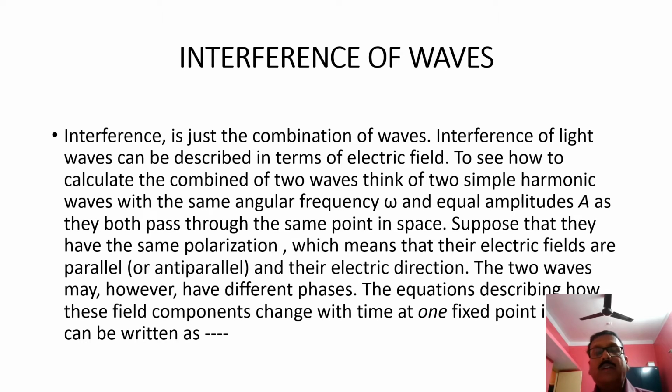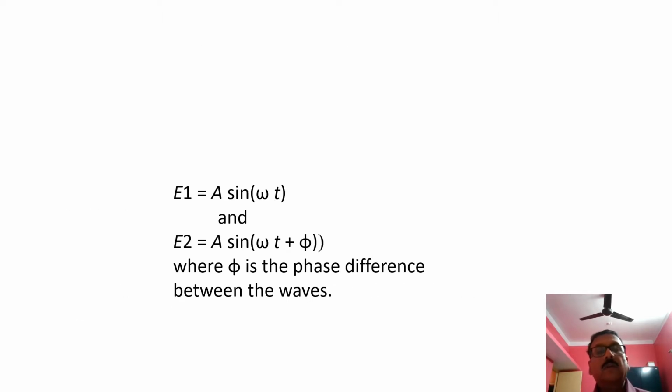These waves can be described by the following equations: E1 is equal to A sin omega t, and E2 is equal to A sin (omega t plus phi), where phi is the phase difference between the waves and omega is the angular frequency of both the waves.